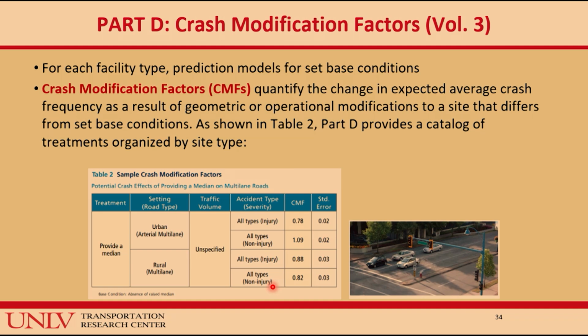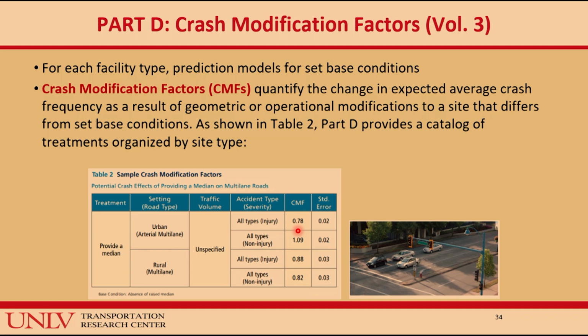Let us say we are going to provide a median and it is on an urban roadway. By providing a median, historically we had 10 injury crashes per year and we had 20 non-injury crashes per year. That is the baseline. But by providing a median, the expected number of injury crashes is going to be 10 multiplied by 0.78, or 7.8 injury crashes.